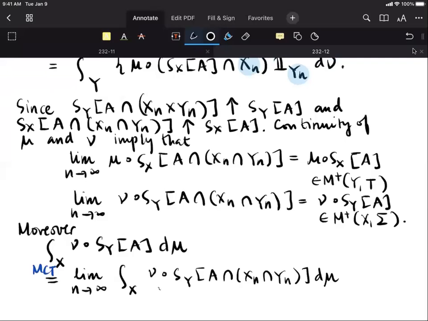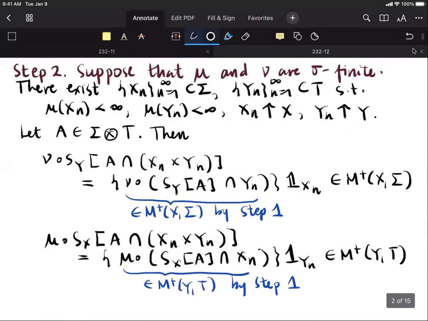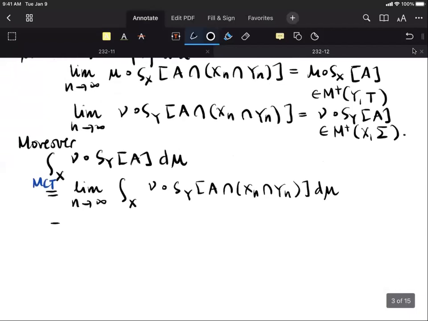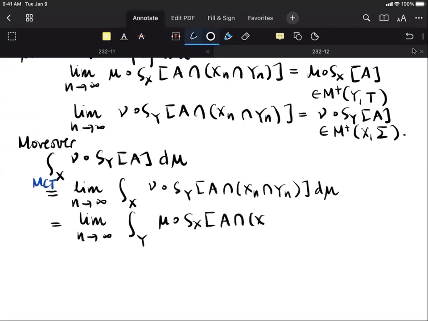Okay, so take note that this one here is the same as this. And we have shown that the integral of this is the same as the integral of that. As a result, the integrals of these two are the same. So here we have the limit as n goes to infinity of mu of the section on x d mu.